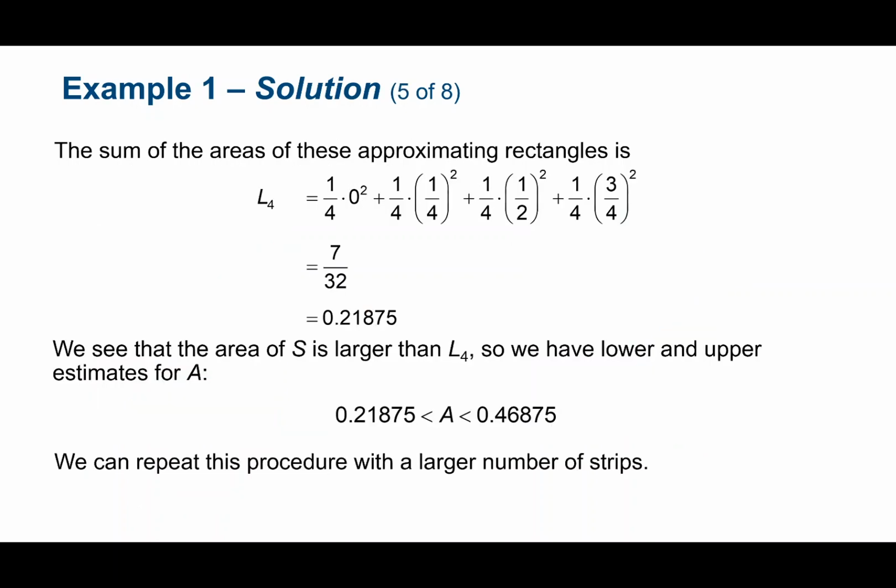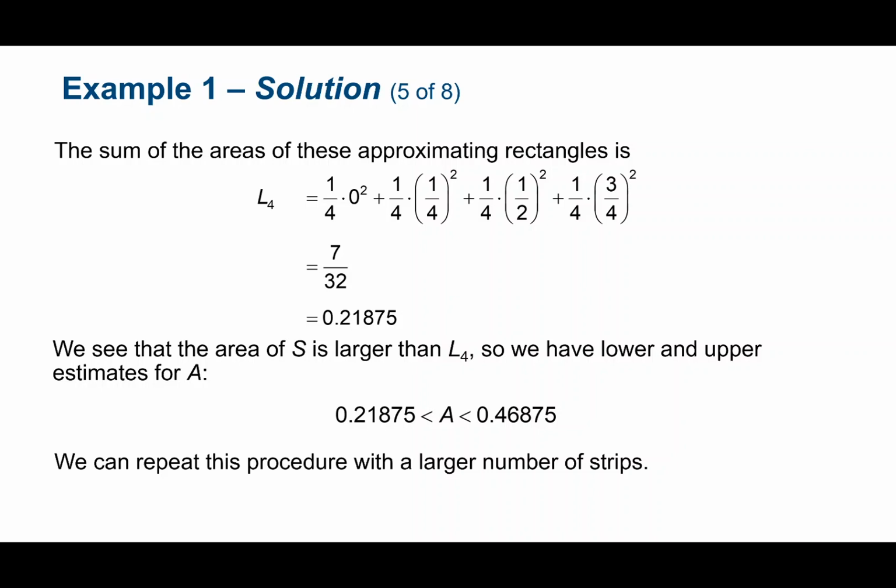So what that does for us is it gives us a lower bound and an upper bound on what our area for our S region, our area under the curve, can be. We know using the rectangles that are going to give us too small of an answer, we get this. We know using rectangles that are going to give us too big of an answer, we get this. So our actual area's got to be between these two numbers somewhere.